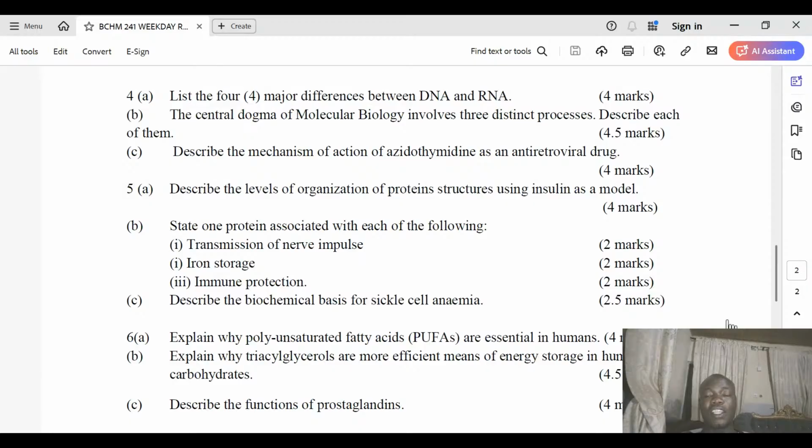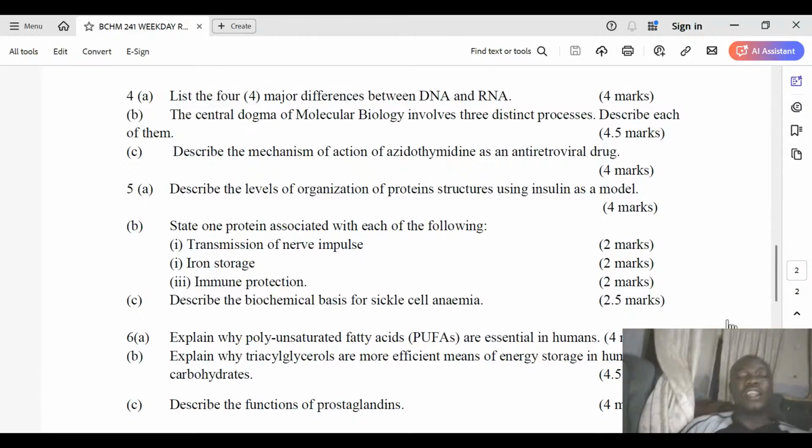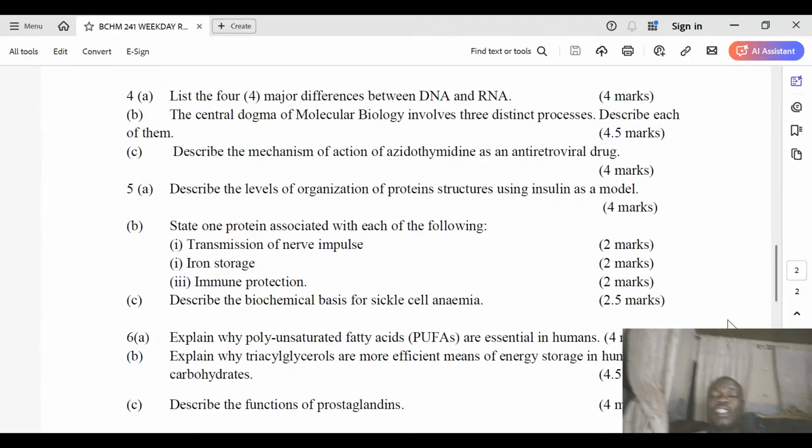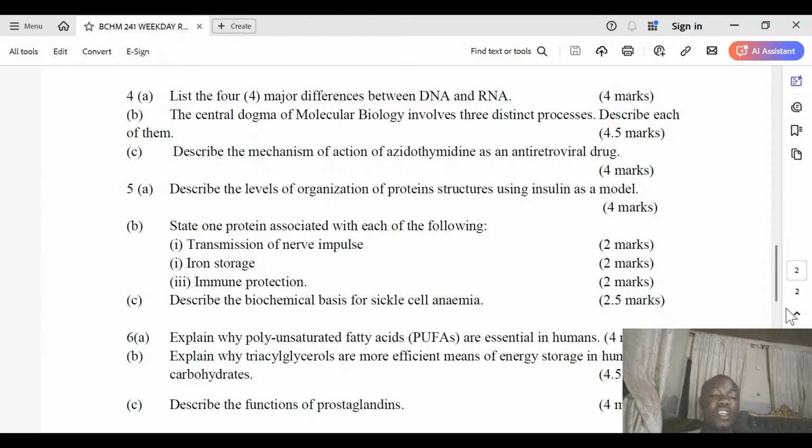Biochemical basis for sickle cell anemia. Generally, the protein that is affected, which leads to sickle cell anemia, is hemoglobin.